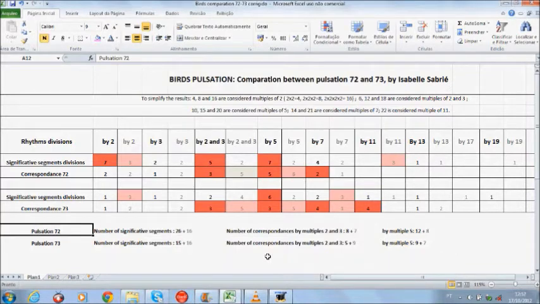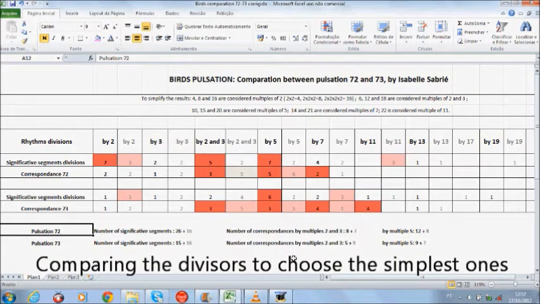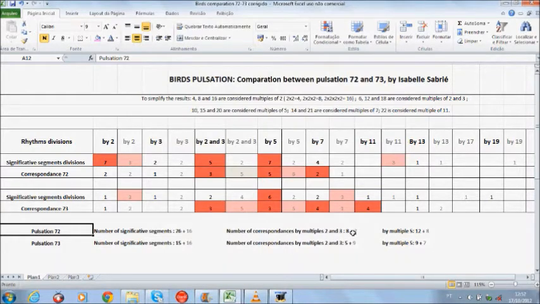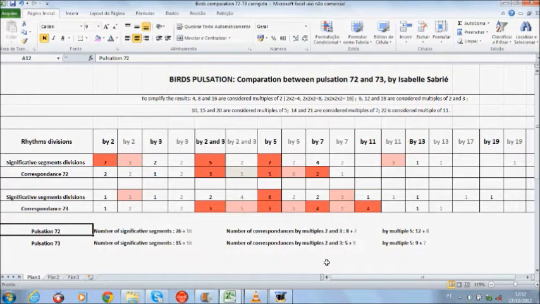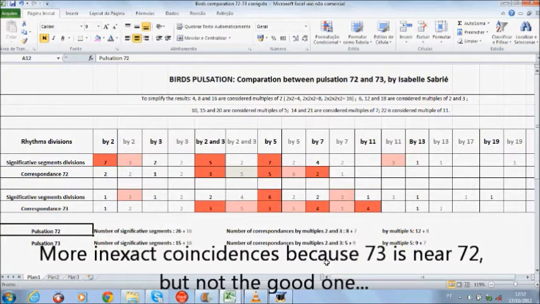We're going to observe the number of correspondences by simple multiples, because it's going to help us to choose between the pulsations. And what do we see? With 72, we have 8 exact coincidences with multiples of 2 and 3 to only 5 with the pulsation 73, and 7 and 9 for the less exact coincidences, which is not surprising because 73 is very near 72, so we have a lot of less exact coincidences with this pulsation too.